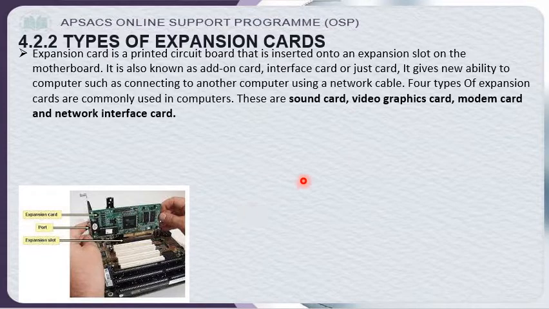There are basically four types of cards commonly used inside your system: sound card, video graphic card, modem card, and network interface card. We are going to discuss all these types of card.